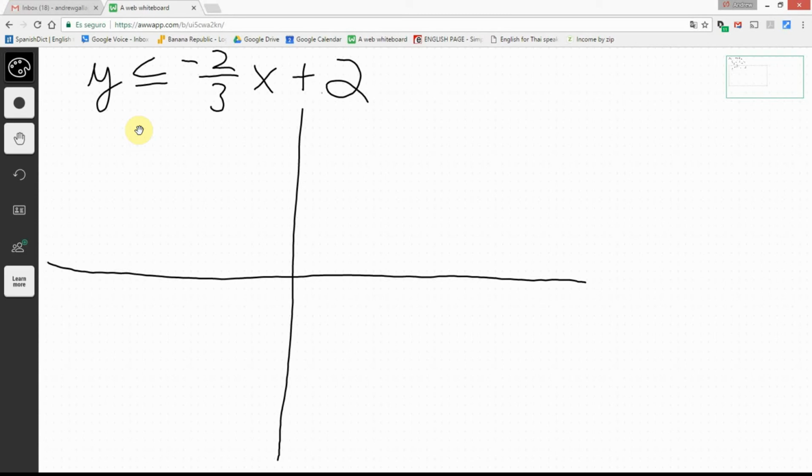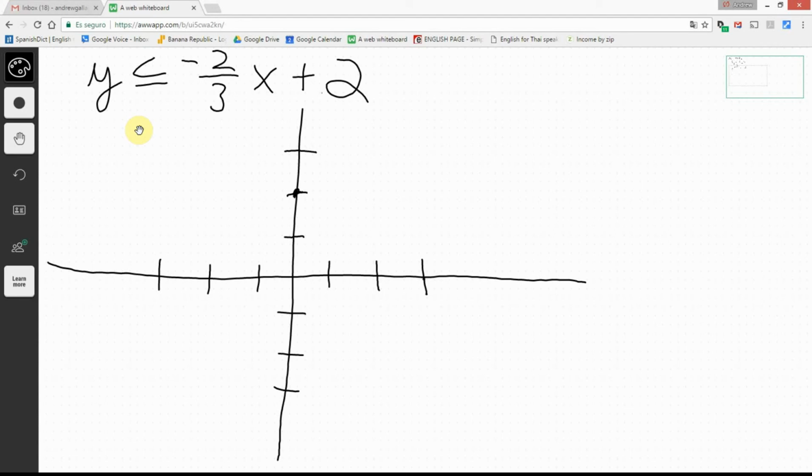I'm going to give myself plenty of room. To graph this, you start off here at the y-intercept. You go down 2 and you go over 3.